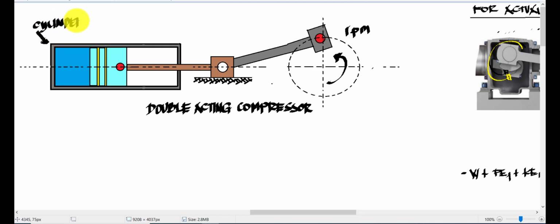Then we shall have your piston at this part. Then we have your piston ring. Then we have here your piston rod.